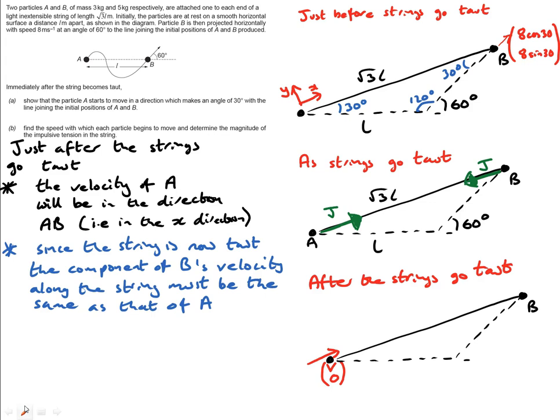Because otherwise the string wouldn't be taut and the string wouldn't be inelastic or inextensible. So that means we know the x component of the velocity of B must be v.